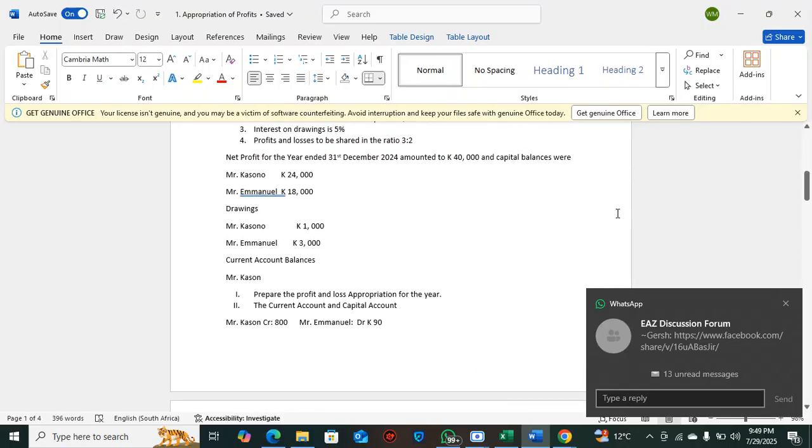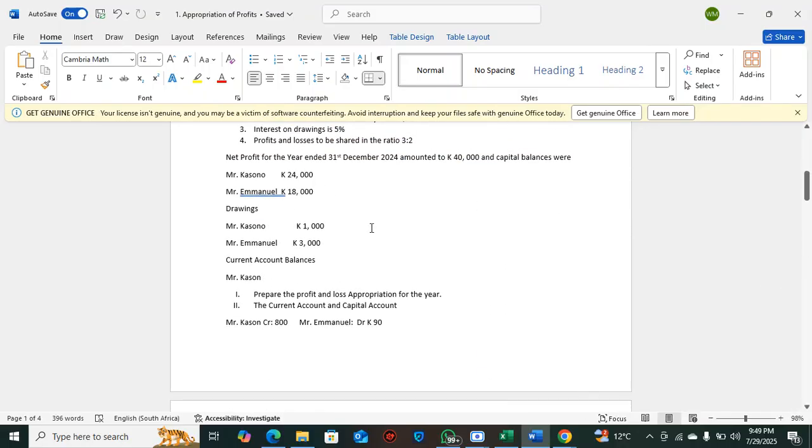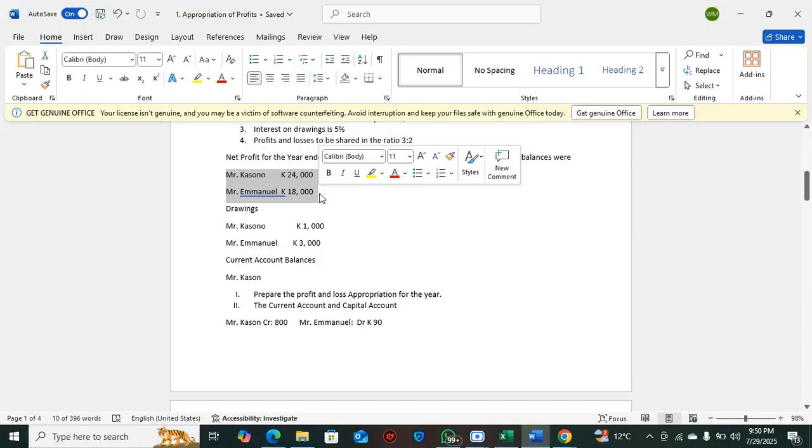Here they told us the capital balances here.